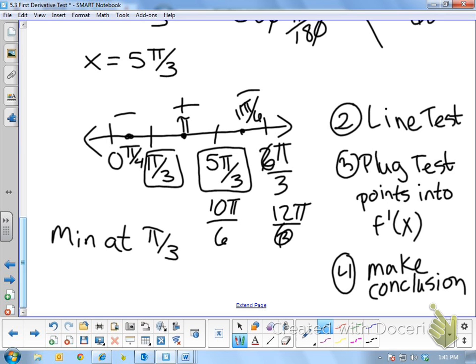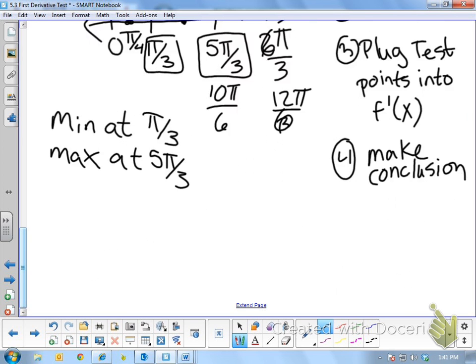So what about 5 pi over 3? Is that a minimum or a maximum? Maximum. Max at 5 pi over 3. So, again, it depends on what they ask you to find. If I said, where is my minimum, where is my maximum, we're done. What if I said, what is my minimum, what is my maximum?